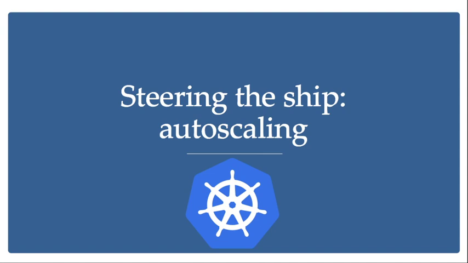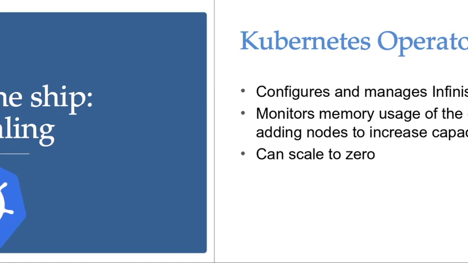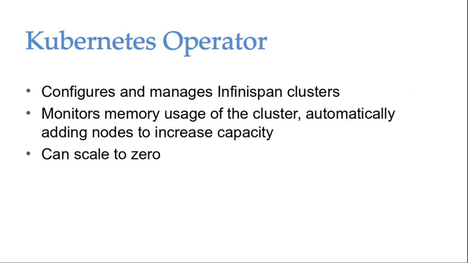Obviously, in a cloud environment, Kubernetes has been the container orchestrator of choice, the prevailing one. And so we have the concept of a Kubernetes operator which manages the life cycle of Infinispan clusters. We've developed an operator which can configure and manage Infinispan clusters dynamically.